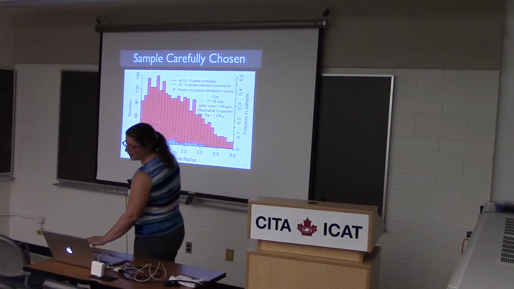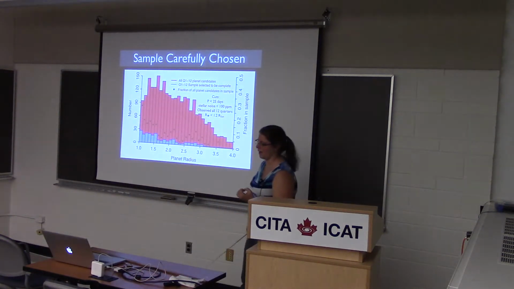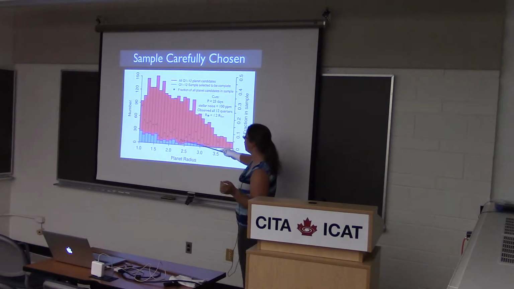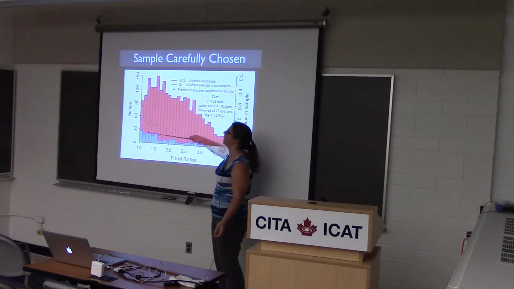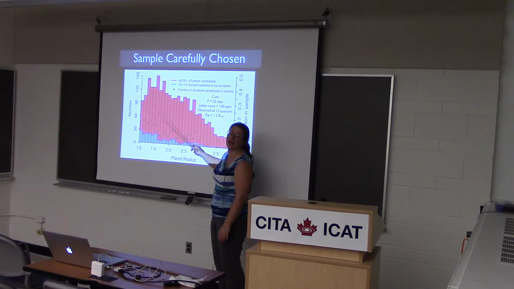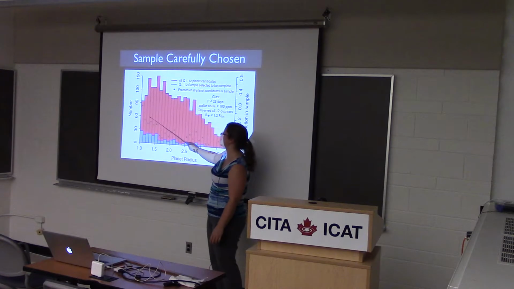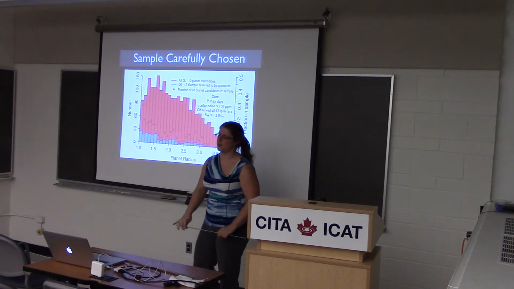So you can get a sense for what exactly happened in this cut by the black points. The black points are effectively the completeness correction we've made by doing these cuts. As you would expect, the completeness correction increases for smaller planets.